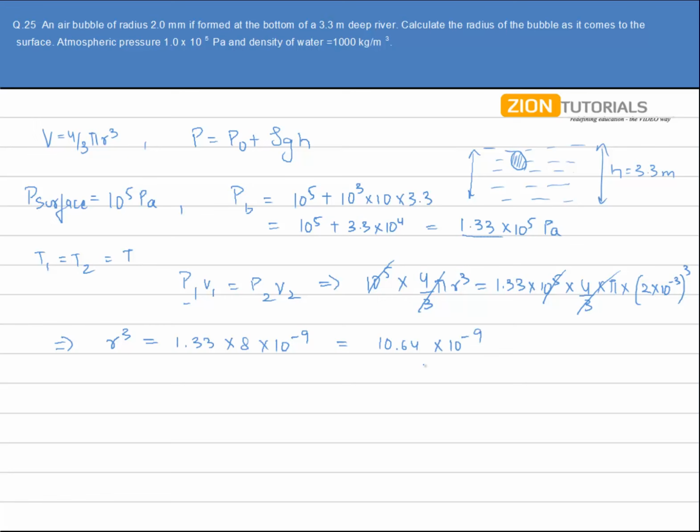Now we have to take a cube root. So basically R would be equal to the cube root of 10.64 into 10 raised to power -9. If you calculate, you will get the value approximately 2.22 millimeter, right? So this will be the answer, right?